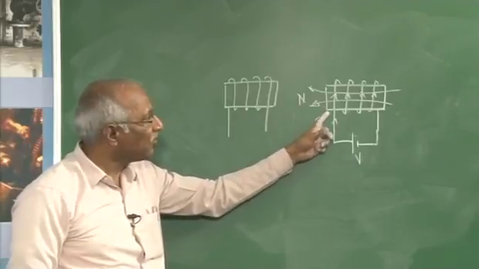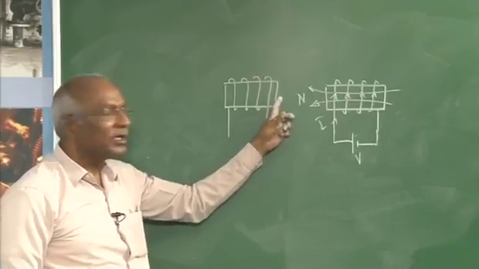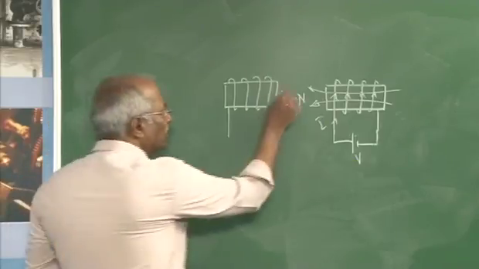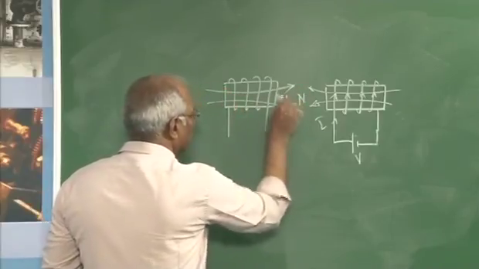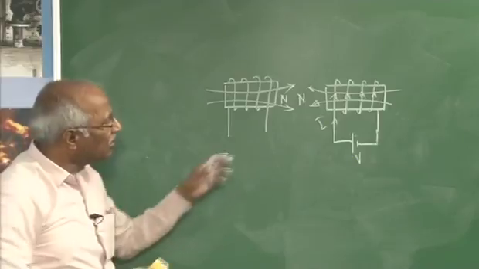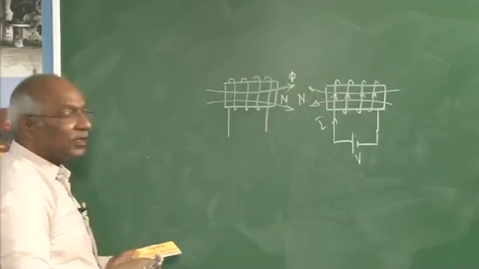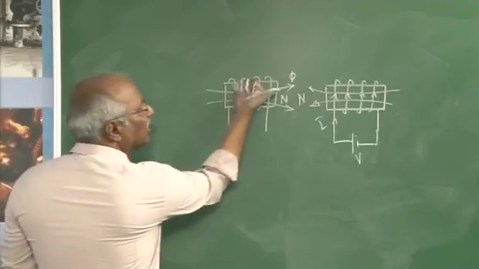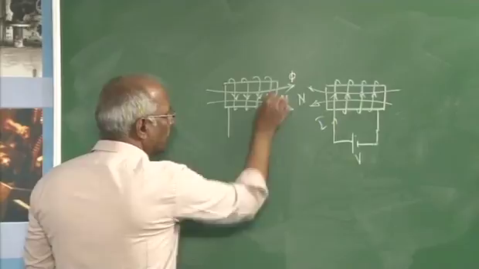This movement will be opposed only when this side of the coil becomes north pole. In order that this be the north pole, the flux must be like this. In order that the flux be this way, what should be the direction of the current? Now hold it like this. So this must be the direction of the current.